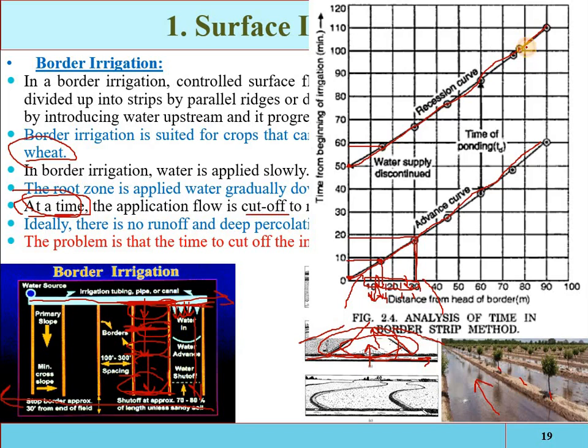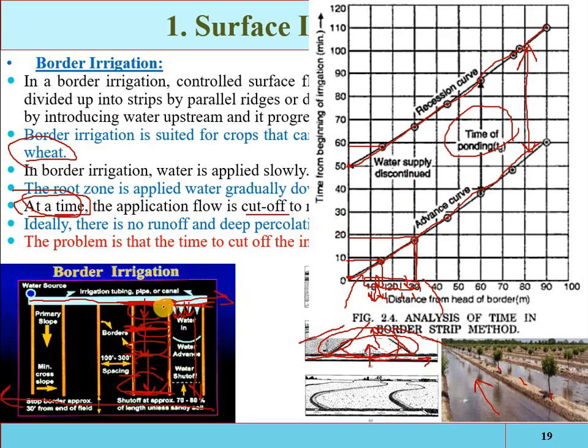Now the time difference between these two curves, the recession time minus advance time, is called the time of ponding. It means the water will be available for this much time for infiltration, so this is also called the infiltration opportunity time.